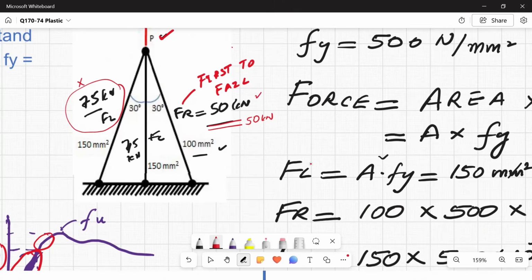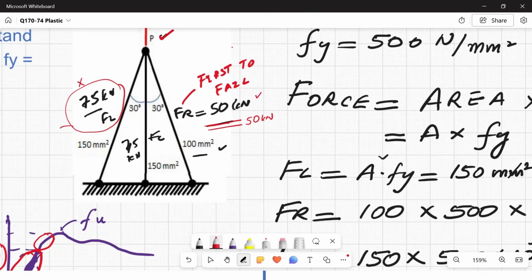Previously it was taking 50 from the right side and 75 from the left side. Now when you remove 50, at least the member on the left should carry 50, but now it's taking double the load. So as a result, this will fail as well.